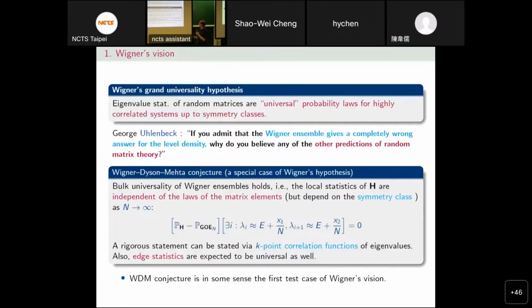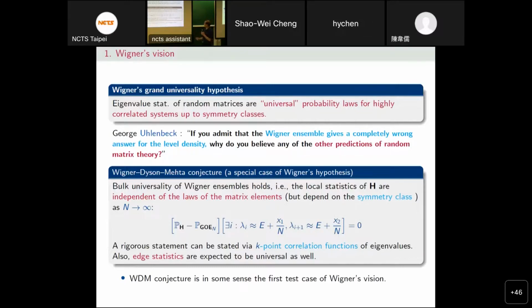I want to emphasize this is just a special case of Wigner's conjecture, because what he wanted is a much more general fact. The conjecture was that the eigenvalue statistics have nothing to do with the matrix element statistics.